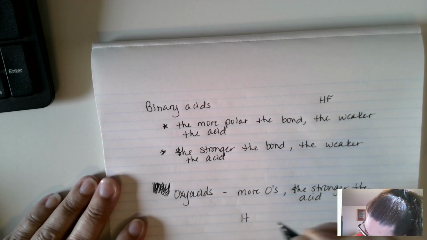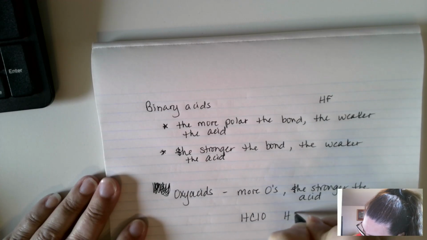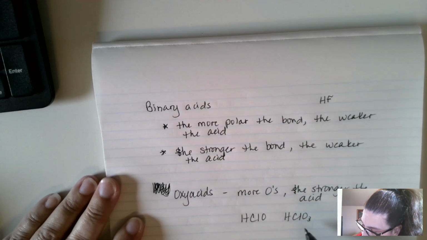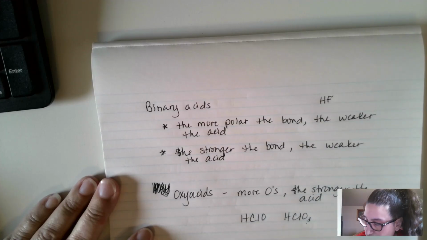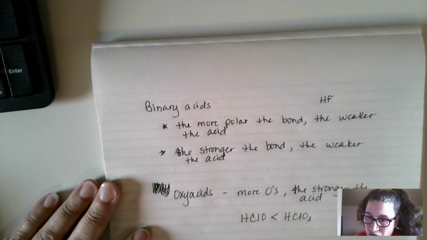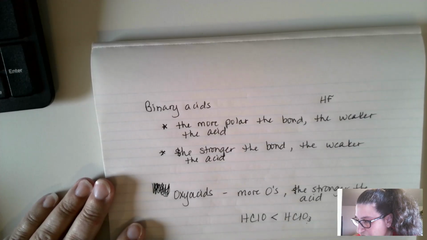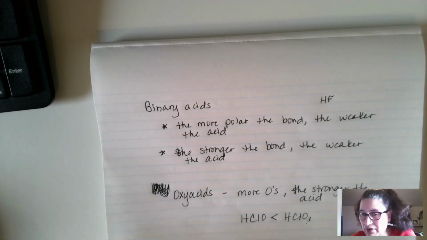So if we had something like HClO and HClO3, HClO3 has more O's, so it's going to be stronger than HClO. And for carboxylic acids, you're not going to be asked to look at different ones and decide the strength of those. So it's mostly going to be oxyacids and binary acids.